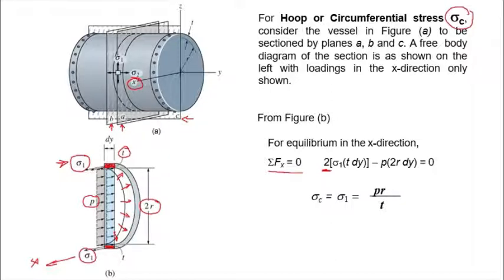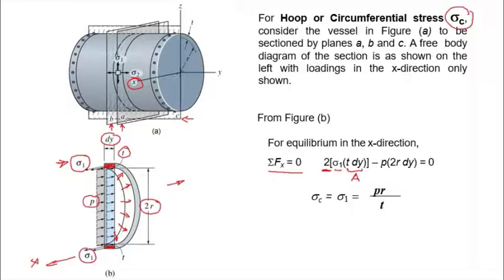The area will be the thickness times the length, and the length of the section that we take is dy. So sigma 1 times area becomes the force, times 2, and that is towards negative x, or to the right in that direction.